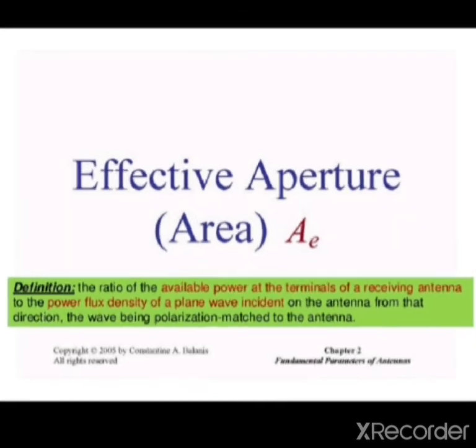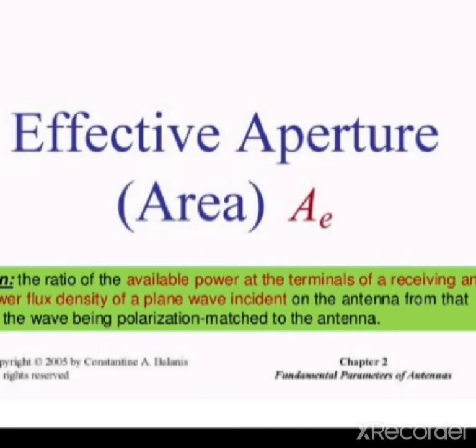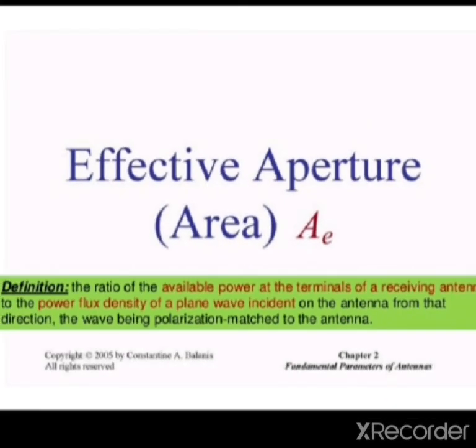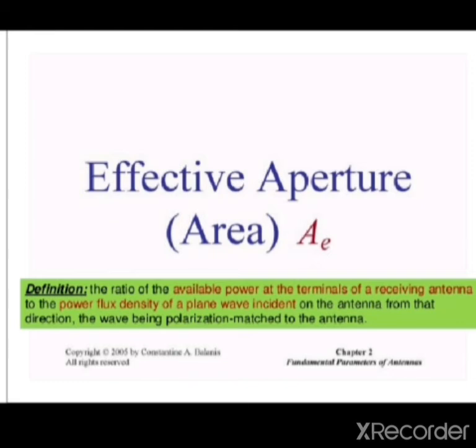The ratio of the available power at the terminals of a receiving antenna to the power flux density of a plane wave incident on the antenna from that direction, the wave being polarization matched to the antenna. What is the actual definition they gave here for the effective aperture area? The ratio of available power at the terminals of a receiving antenna to the power flux density of a plane wave incident on the antenna.